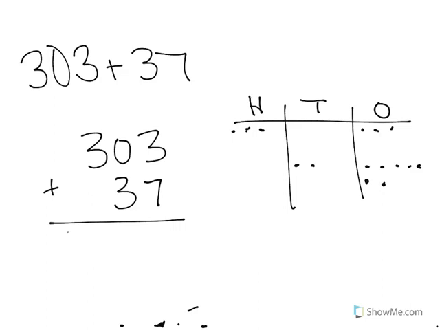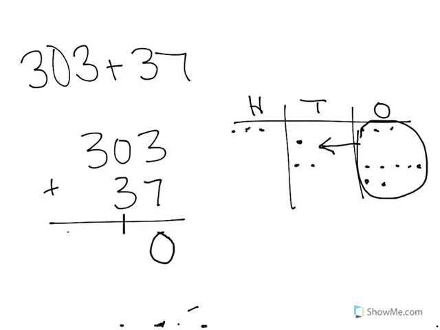Now I know that 3 plus 7 equals 10. So if I have 10 ones, I need to move those. So 10 ones becomes 1 ten. I'm going to bundle that and move it to my tens. And I'm going to show that on my vertical form because I have 0 tens left in the ones place because I made a 10. So 0 in the ones and that 10 goes right here.